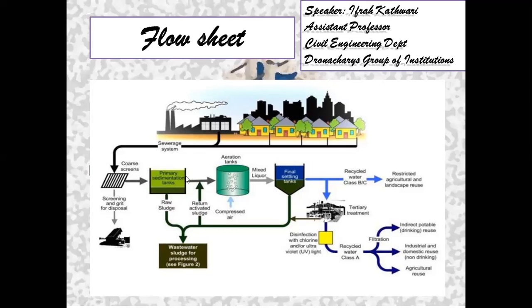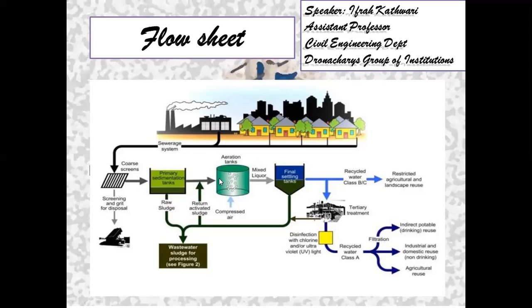And then after this sedimentation process, the water is moved on to the aeration tank, wherein compressed air is applied to the water. It is mixed properly and then moved on to the final settling tank. Here water equalization takes place, and there is a uniform mixture of water.